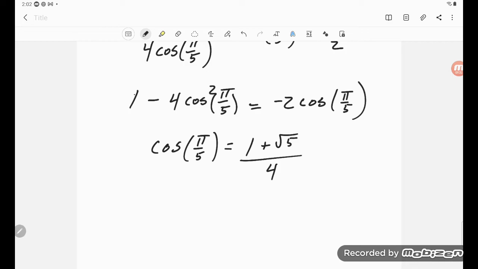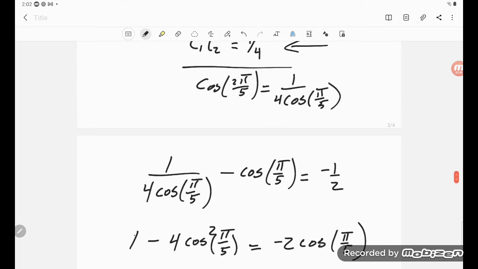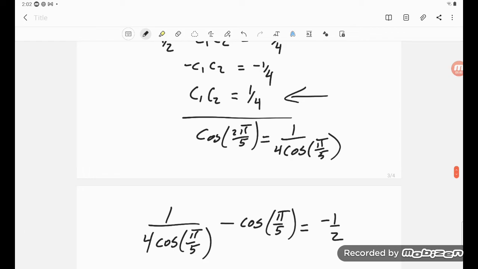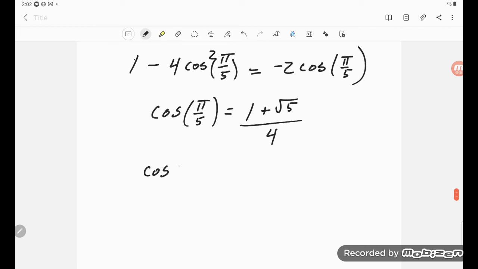And it's interesting, the negative root actually turns out to be, if you plug this into any of these equations, like C1, C2 equals 1/4, that the cosine of 2 pi over 5 is 1 minus the square root of 5 over 4, the negative root of that quadratic equation. And that's what they want you to get.